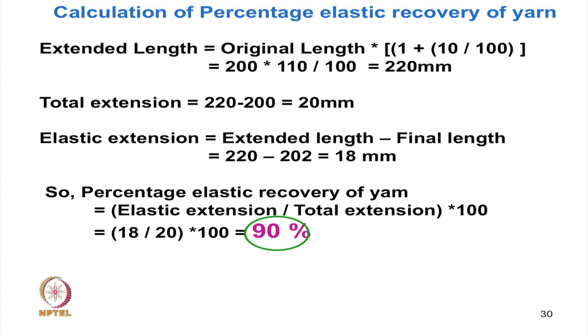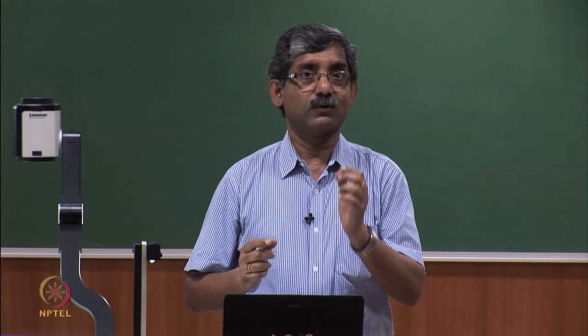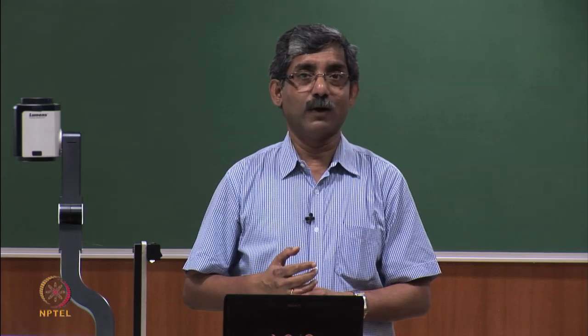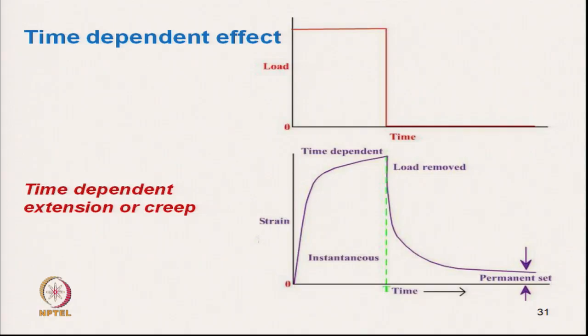So, 20 millimeter is the total extension and the elastic extension is 18 millimeter. The ratio of these two, multiplied by 100, gives the value in percent. So, it has become 90%. So, 90% elastic recovery is there. One should practice this type of numerical; this is the answer.